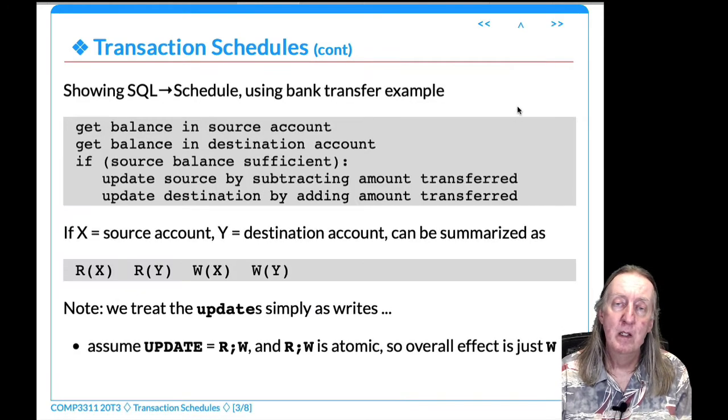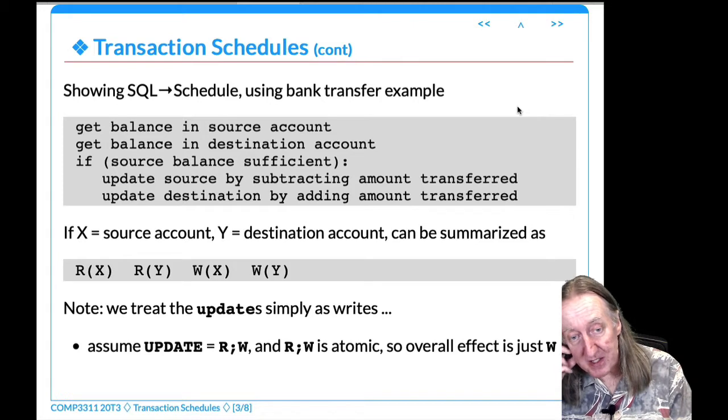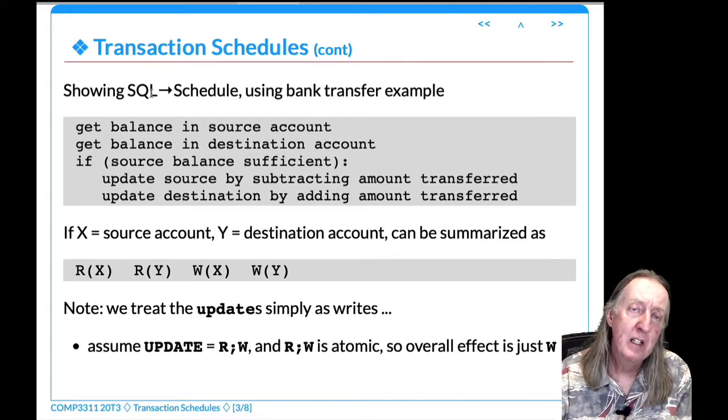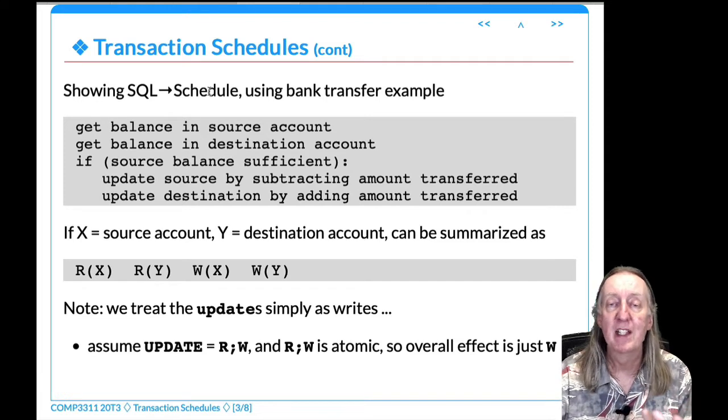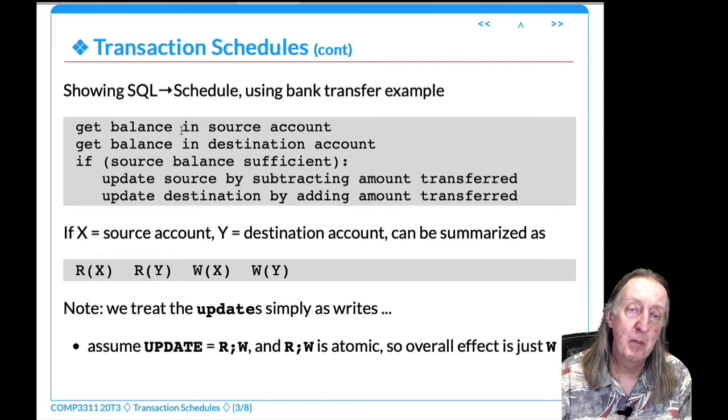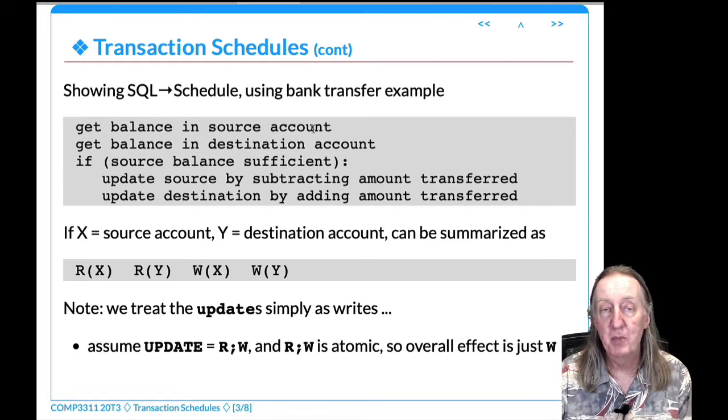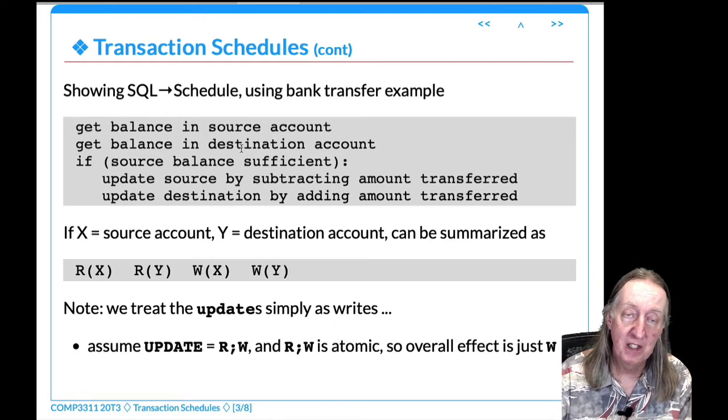Okay, so here's an example of how we might treat SQL and write it as a schedule. So the bank transfer example, get the balance from the source account, that's a select statement which reads in a value. Get balance from destination account, another select operation that reads in a value.